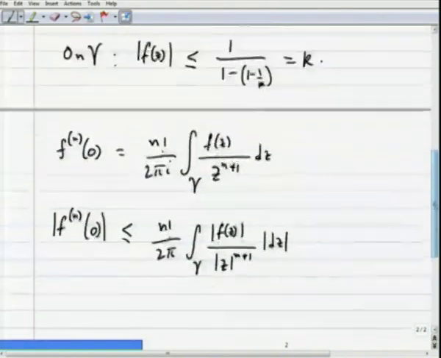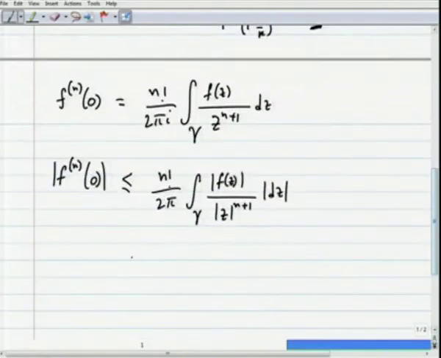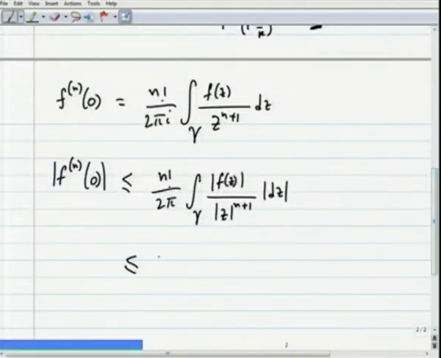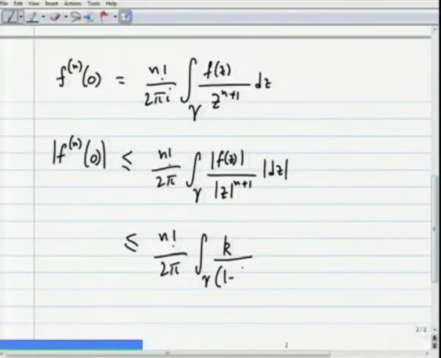On gamma, f of z is bounded by k, we will set this k shortly. So, this is less than or equal to n factorial divided by 2 pi times the integration over gamma of k divided by, since mod z is 1 minus 1 by k, 1 minus 1 by k power n plus 1, mod dz.